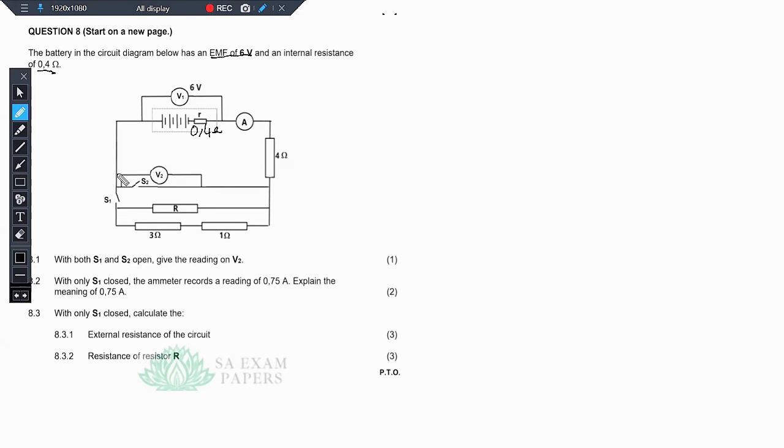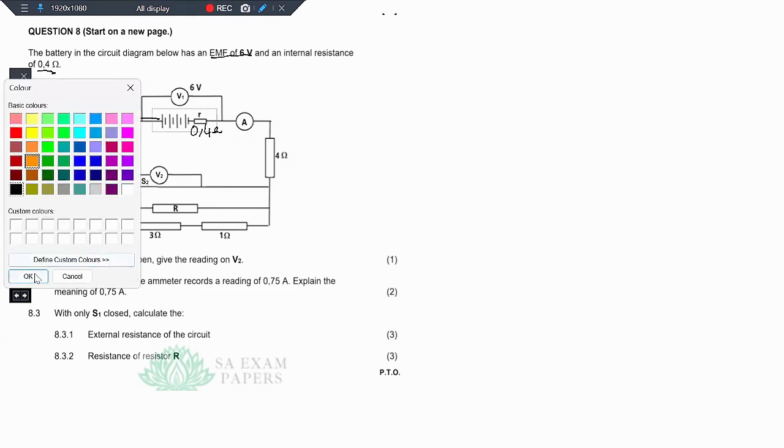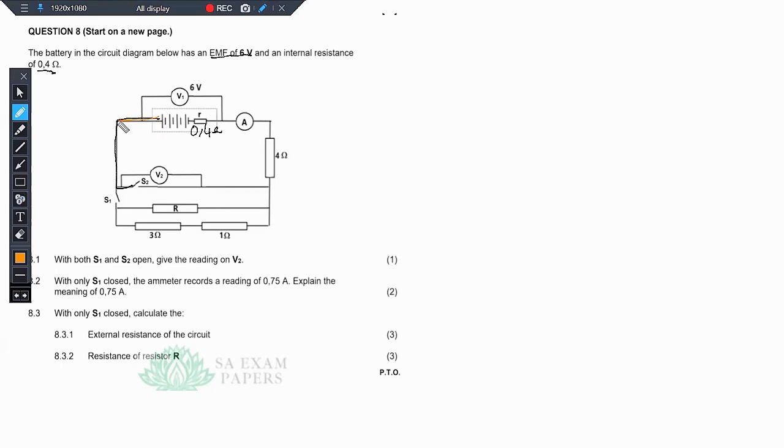So we have seen a question like this before. We already know if they put our voltmeter here on an open switch, this voltmeter will be directly linked to the battery, right? So that means it will be reading the voltage of the battery, which is the EMF of the battery.